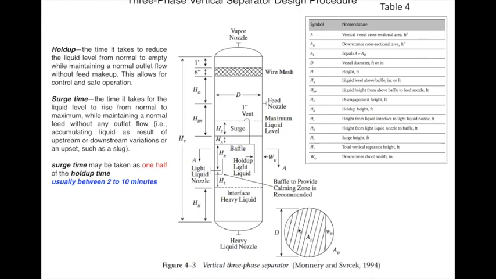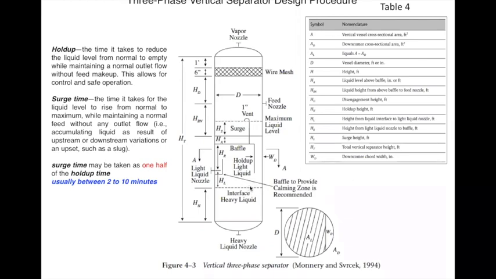So this is the baffle area which is occupied for more separation, and this WD is the area from where the lighter liquid, or the mix of lighter liquid and heavier liquid, will go through this downcomer to the interface, where the further separation between the lighter liquid phase and heavier liquid phase will occur.